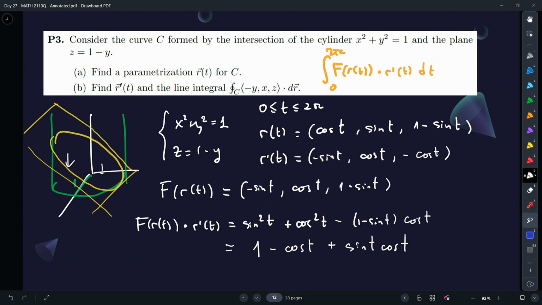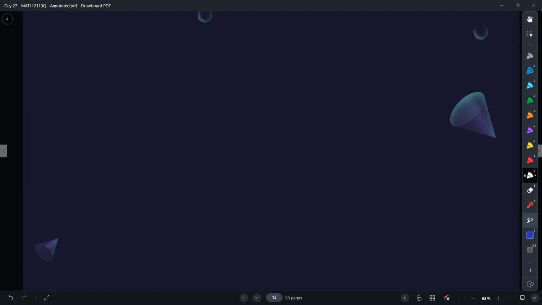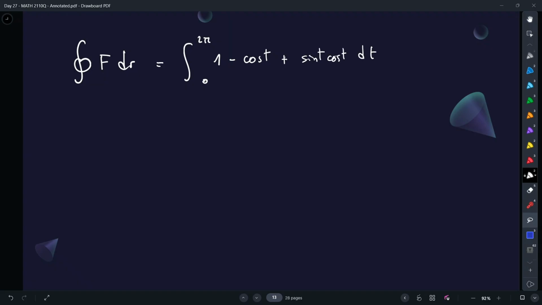So the integral that they're asking me to do, the integral of f dr, turns out to be the integral from 0 to 2 pi of 1 minus cosine t plus sine t cosine t dt.